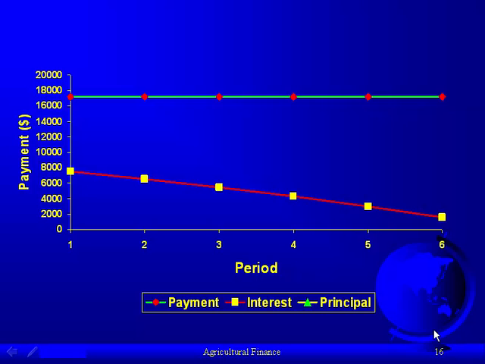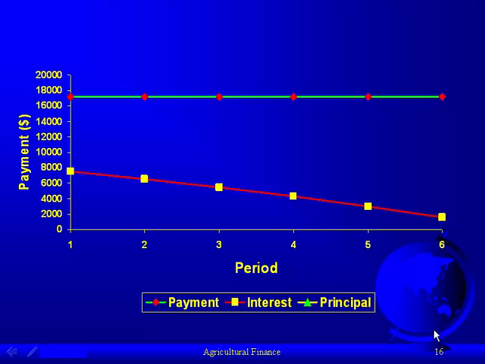If you look at the interest and compare the chart on the previous slide, notice that the interest is going down each year. Why? Because the outstanding balance of your principal is going down because you're paying it down. So the interest that you're paying is also declining because you've borrowed less money. You're paying it off. And you can see that that goes down.